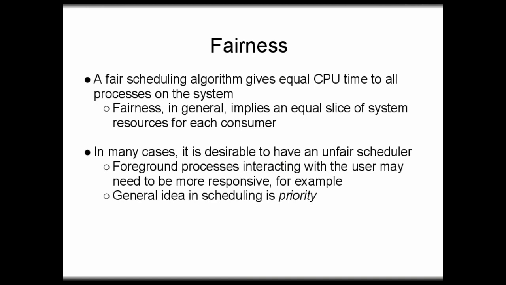On interactive systems, the human user tends to prefer that foreground processes are more responsive to requests than out-of-sight background processes. When systems are shared between different classes of user, one class of users might be considered more important than another class of users, and their jobs may be given priority in the system. Scheduling priority is the general mechanism by which unfairness is implemented in a scheduling system.